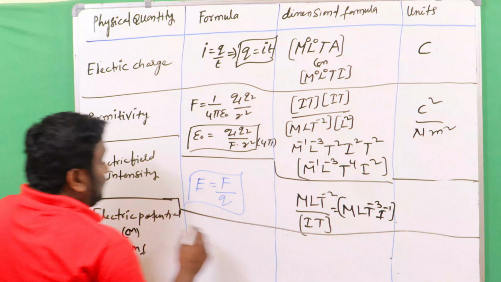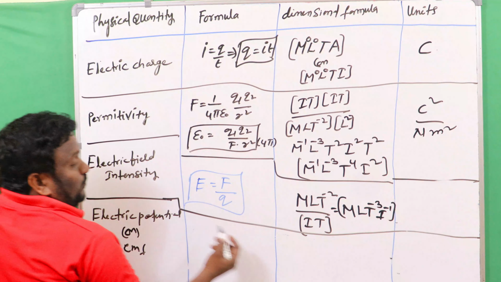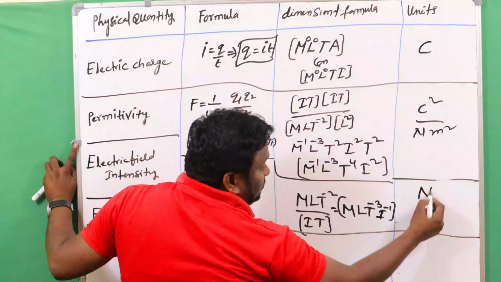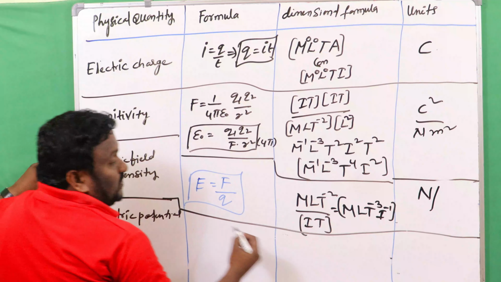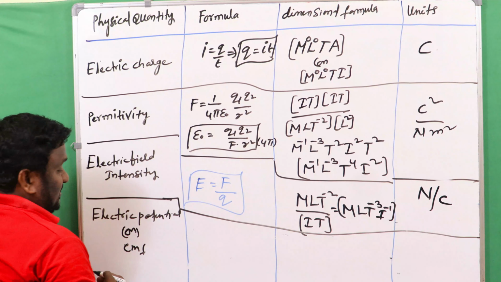So this is the dimensional formula of electric field intensity. F is the force, and its unit is Newton. For charge the unit is Coulomb. So Newton per Coulomb is the unit for electric field intensity.